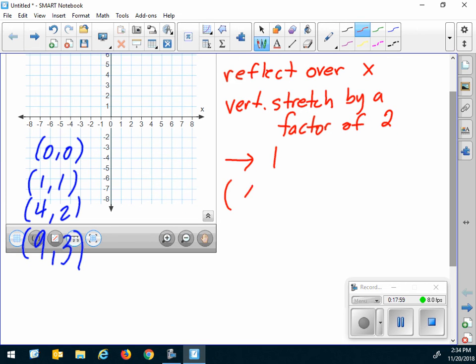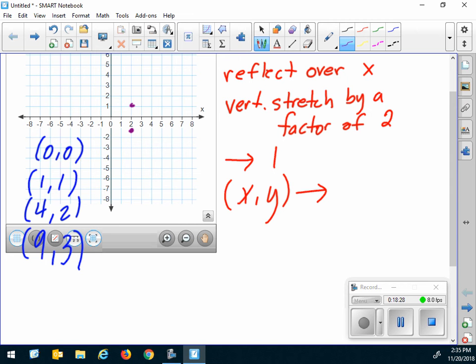Now we're going to decide what's our new machine, what's our new rule. Reflect over the x-axis. If I have a point here and I reflect over the x-axis, what changes? The sign of the y changes. So I know I'm going to have an opposite of y in it.